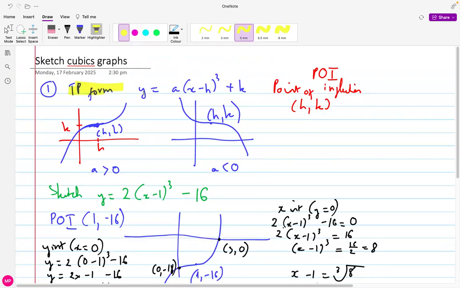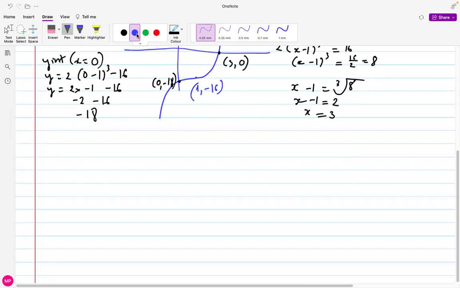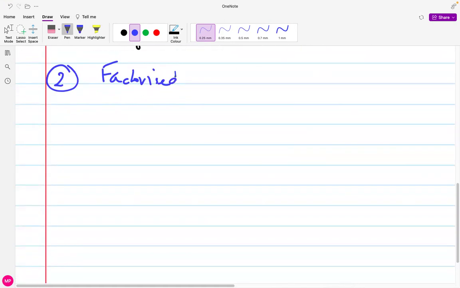Now, our next form is the x-intercept form. Number 2 is the factorized or x-intercept form. The general form is y equals ax cubed plus bx squared plus cx plus, sorry, that's the general form.